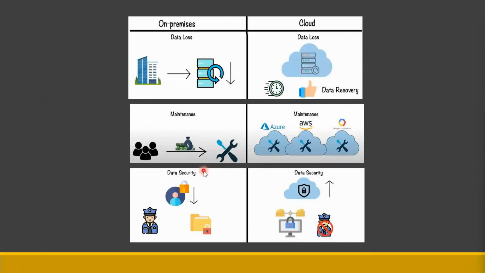And when it comes to data loss, once data is lost from an on-premise system, it is very difficult to retrieve it back. But in cloud systems, there is a functionality for data recovery, where data will be archived, which actually prevents data loss.